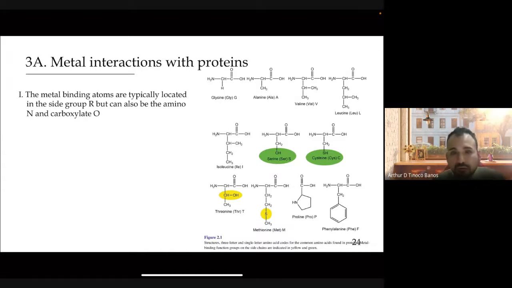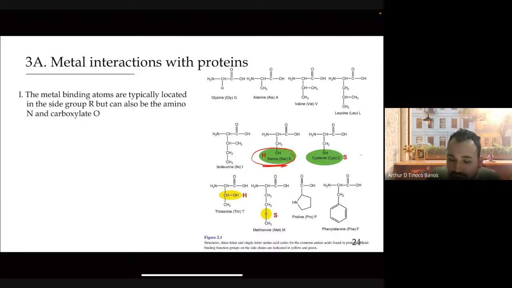Here I have a few of them listed, not all 20. What I'm showing you here is serine, which has an OH group. We're focusing on the R group. Oxygen is a base in terms of the Lewis acid definition, and it's a hard base, so you would expect a hard metal to interact with the site.